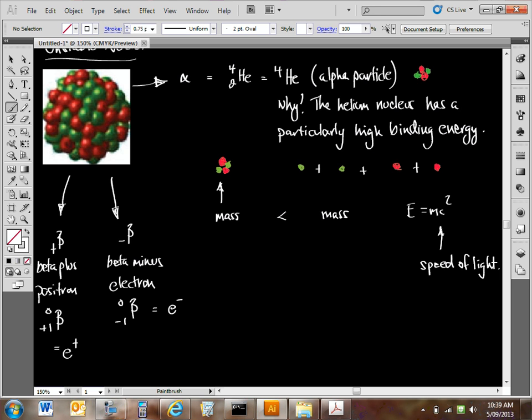We also have, with each of these emissions, gamma radiation. There will be gamma radiation. What's gamma radiation?